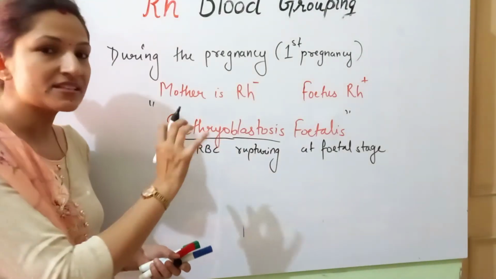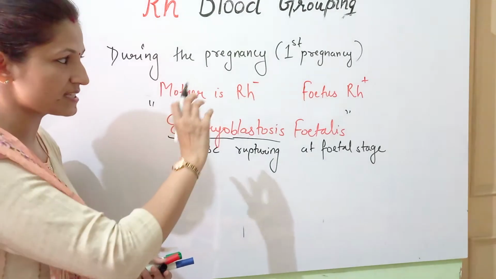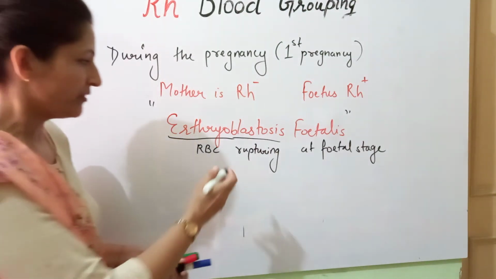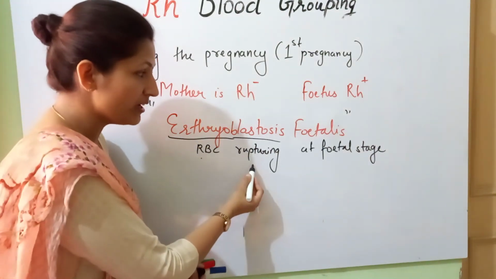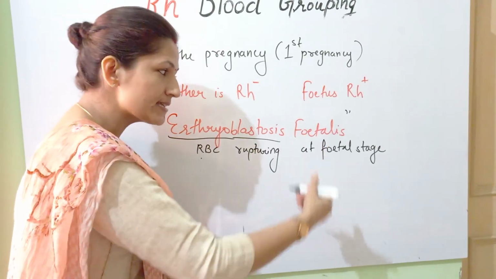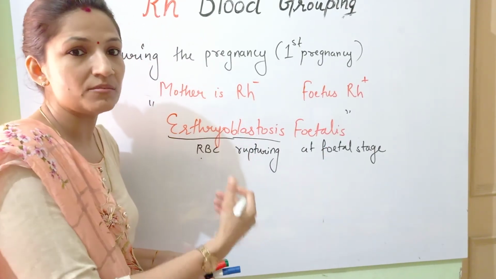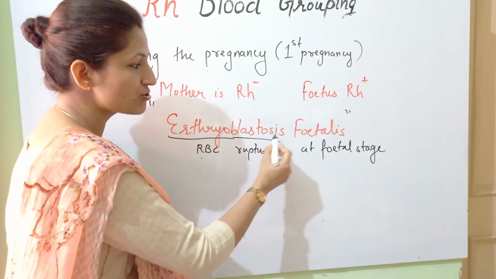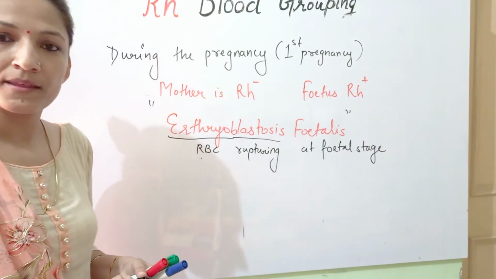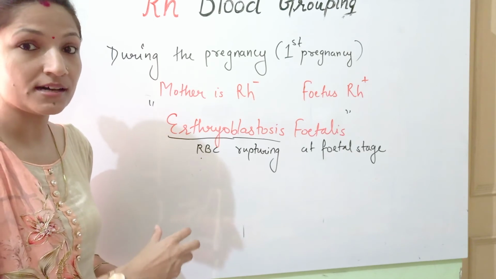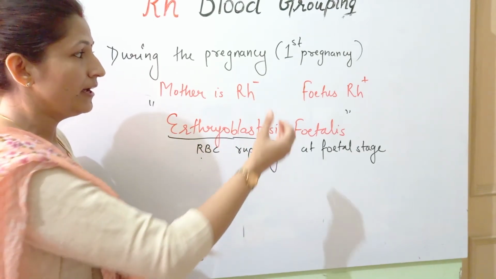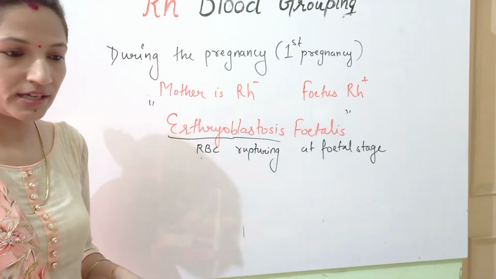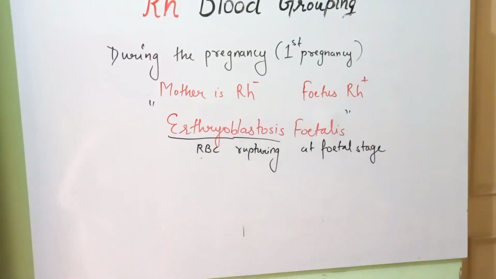So during the mixing of these two blood groups, the positive and negative, this kind of complication is going to take place, in which the RBCs start rupturing at the fetal stage, and as a result that can be fatal also, that can be death causing also. Fine, that condition is called erythroblastosis fetalis. ठीक है, fetal stage में red blood cells का rupture होना, और वो कब होगा? जब Rh positive blood is going to mix with the Rh negative one. Okay, so let's see how it is going to happen.